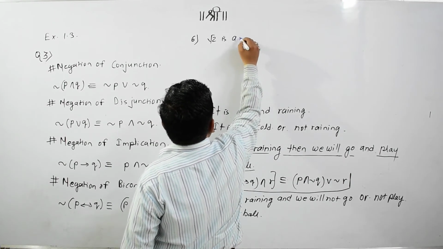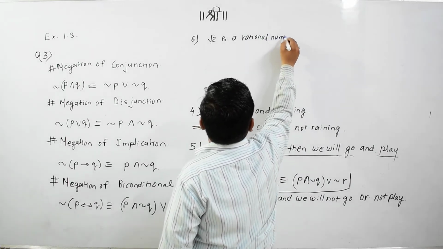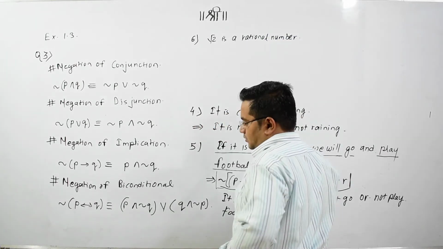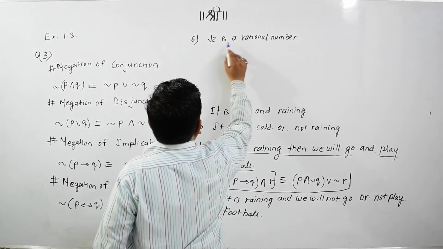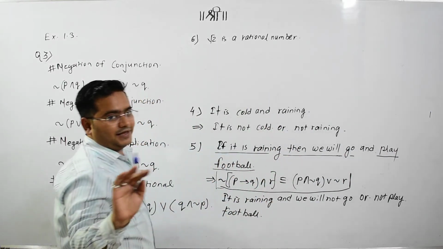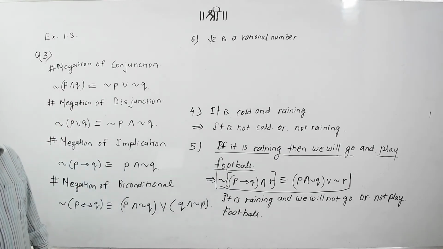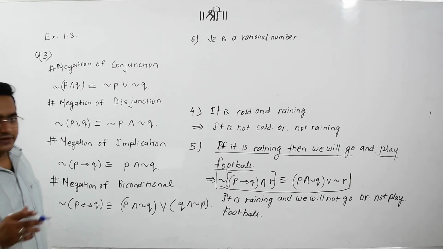Now most of the students will perform it like this: under root 2 is an irrational number. So don't write it like that. Okay, it's totally wrong. Instead of that, what you can write is: under root 2 is not a rational number.